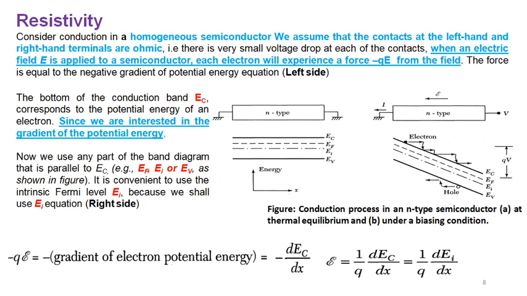That's why there is a potential energy gradient. And if you rearrange the terms, you can write E equal to 1 upon q dEC by dx, and this we can write in terms of the reference energy level Ei. So your equation becomes 1 upon q dEi by dx.